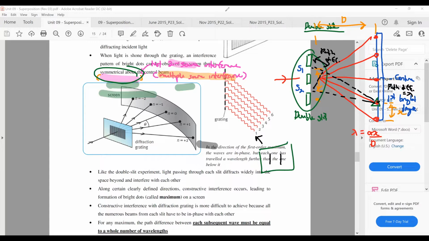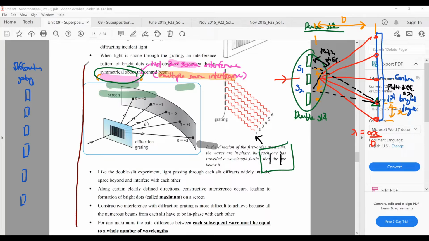Now for diffraction grating, it is a similar concept. You have your bright spots, and you're also supposed to have constructive interference there. And when it comes to the path difference, it's the same. What do I mean by that? Let's say this is my diffraction grating with many slits, and this is my screen that I place behind.